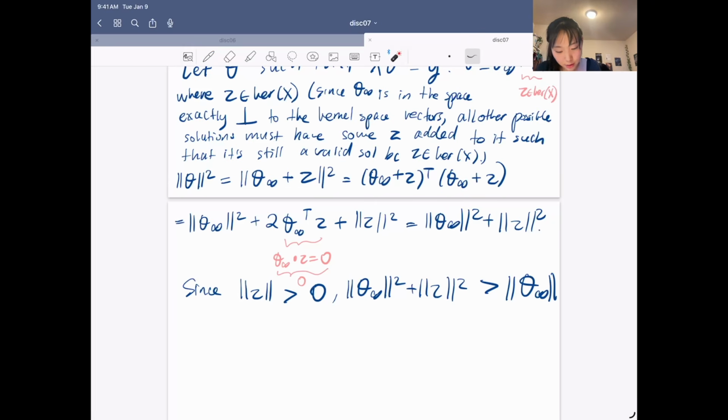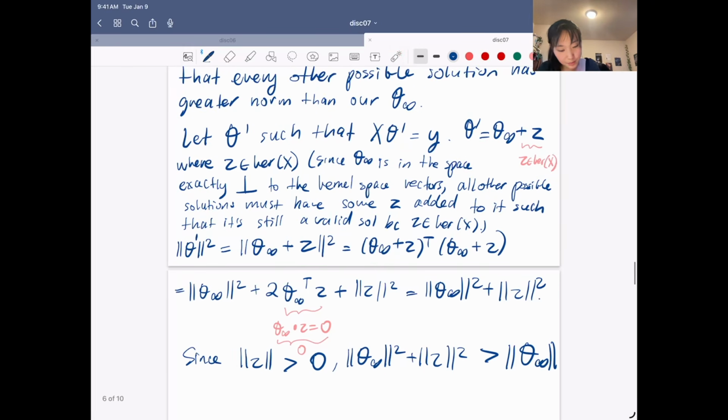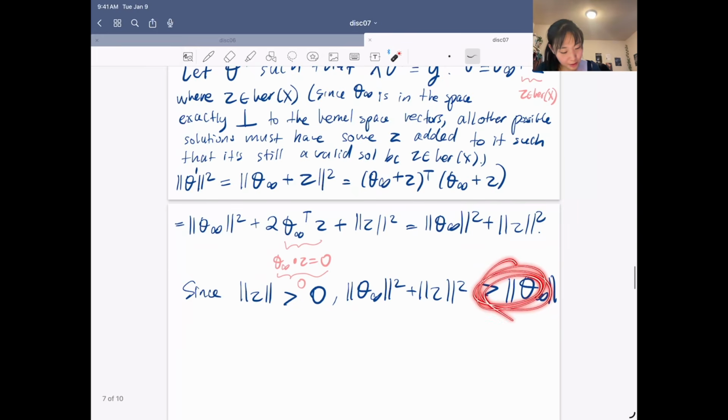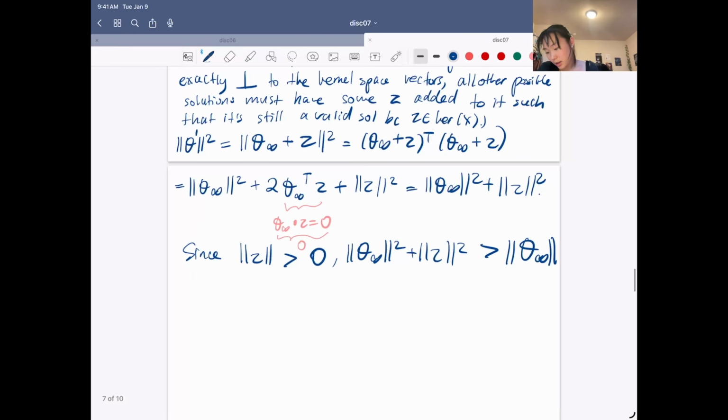And so we've literally just shown that our, oh, this should have theta prime, by the way, or any other solution other than the gradient descent solution ends up being greater than the gradient descent solution in terms of its norm.